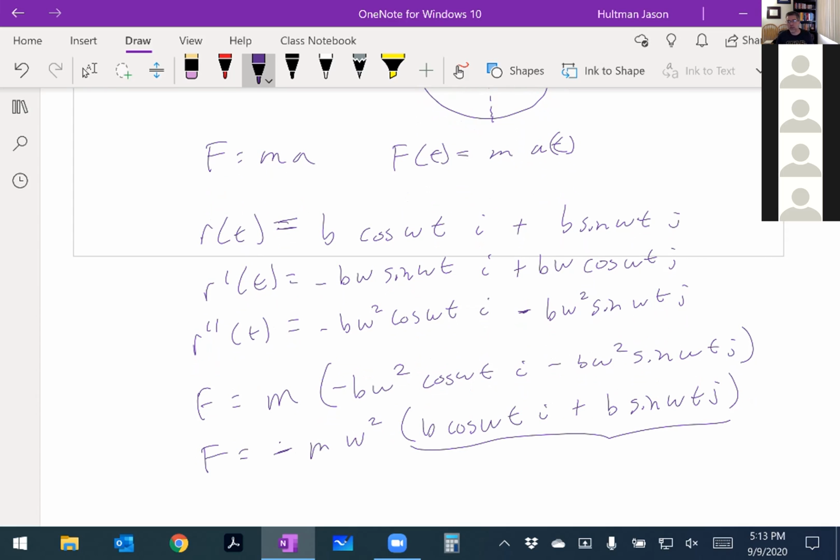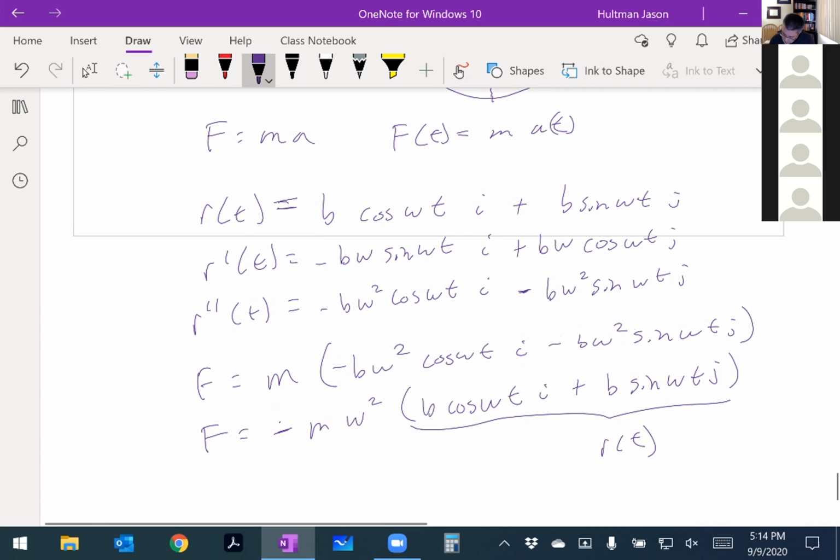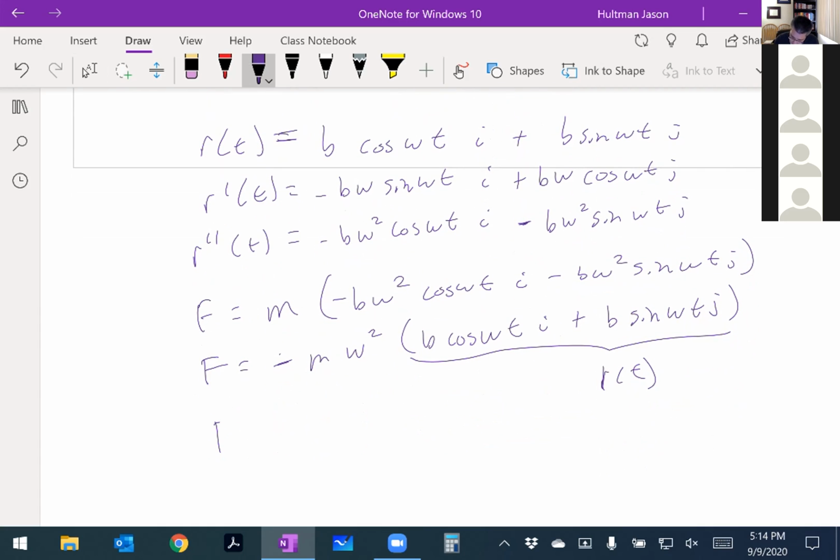Wasn't that just my position vector? Isn't this just r of t? Yeah, it's just r of t. So force equals negative m omega squared r of t. It's the opposite direction of the original position vector, which is the centripetal force that is being pulled in on the object. So again, that's centripetal force, which is opposite the position vector.